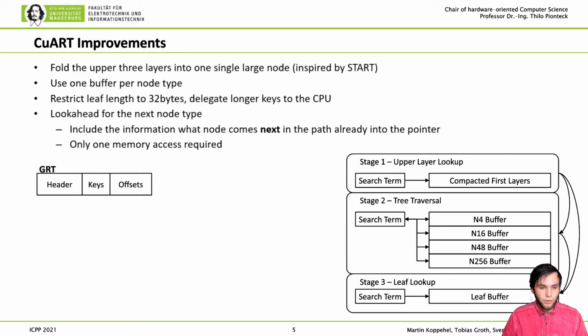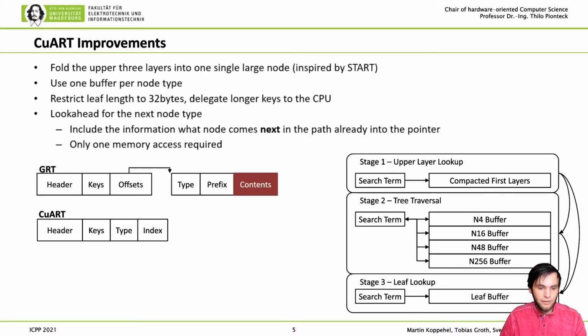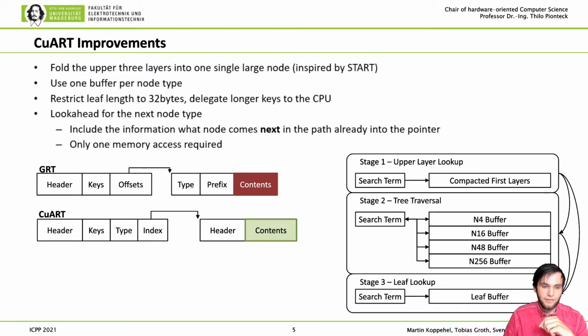While GRT requires us to read the header of the node first to get the type of the node and then read the contents, in our case, we have the information which node type comes next in the path we are traversing already before we start reading the node. And that allows us to read the contents in the first memory transaction and save 1 memory bus turnaround time.